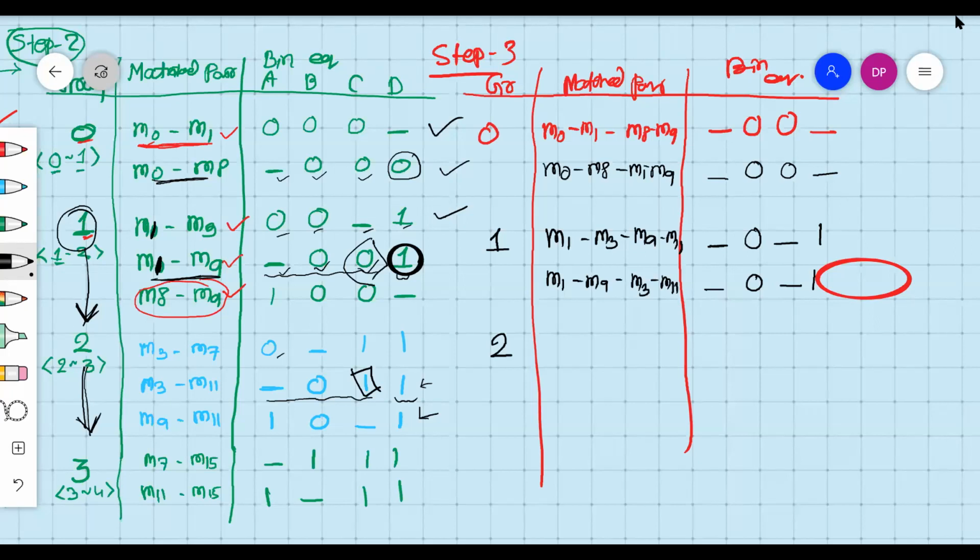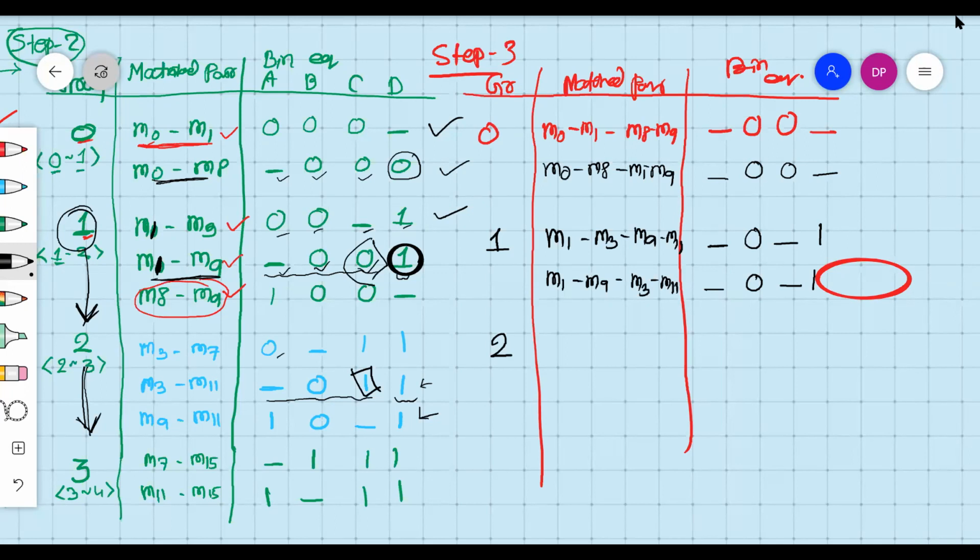Okay, M7 M15. So is it working? M3 M7 with M7 M15. 0_11, _111. Okay, so these last two ones are matching. With M15, sir. Yeah, okay.